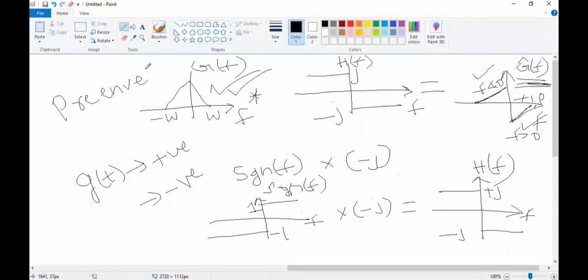The pre-envelope will help me to represent the signal G of t only with the positive frequencies or only with the negative frequencies. That is where I'll be using this pre-envelope.